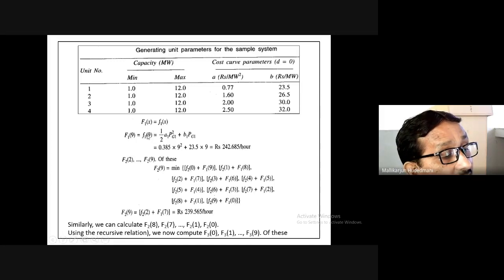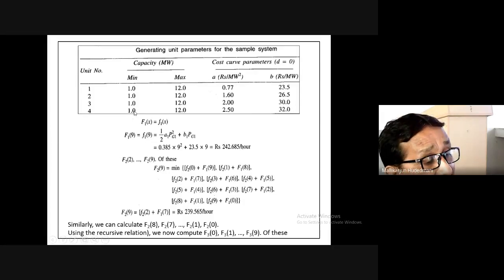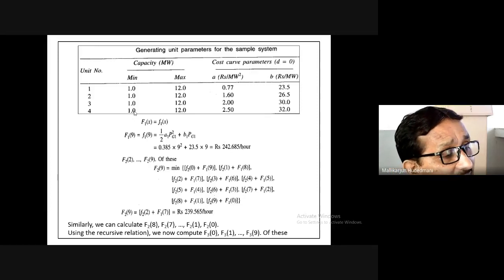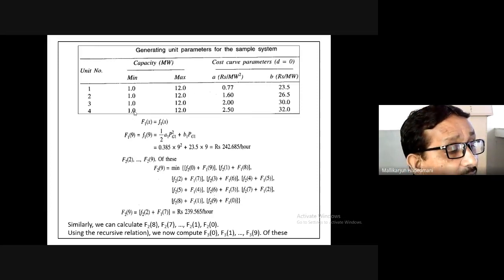Suppose my decision is machine number 1 for 9 megawatt. I can calculate machine number 2 for 9 megawatt, machine number 3 for 9 megawatt, machine number 4 for 9 megawatt. When I know the production cost incurred for each single machine decision, I can have my rough gauging, or I can simply take whatever decision I want.